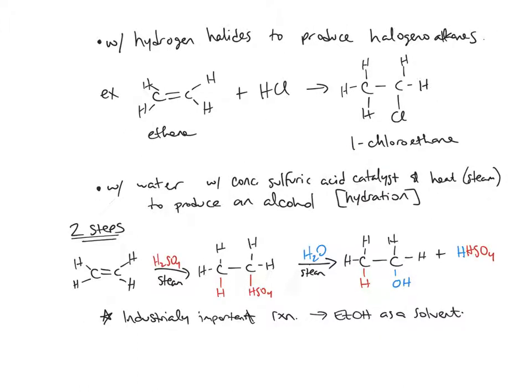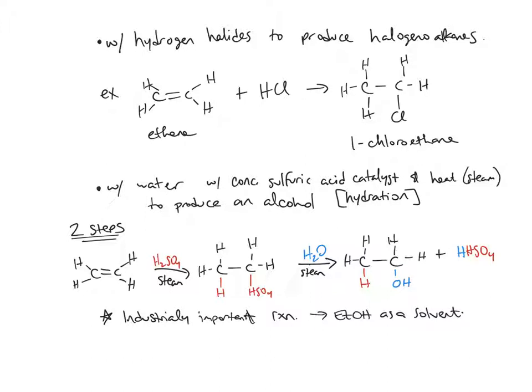Then we could add hydrogen halides, right, like HCl. And again, one goes to one side, the other one goes to the other side. And these would also be halogenations, but this time we're creating just a monohalogenated compound. So only one halogen gets added because the other one is a hydrogen. So here we would turn ethene into 1-chloroethane.